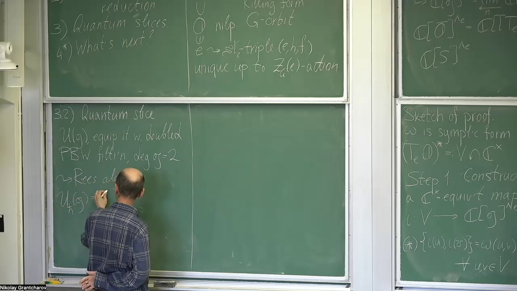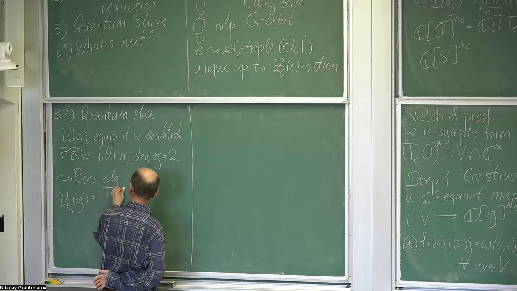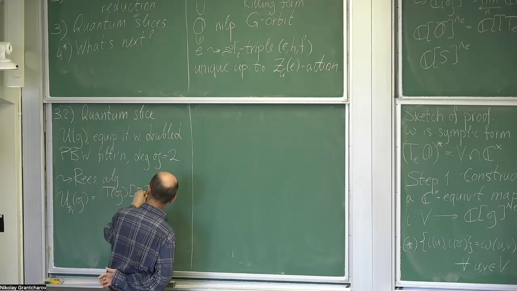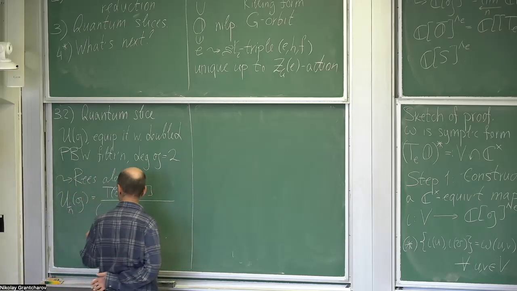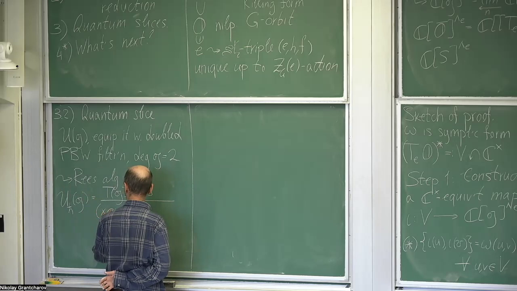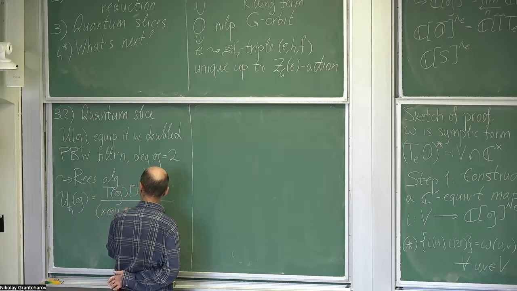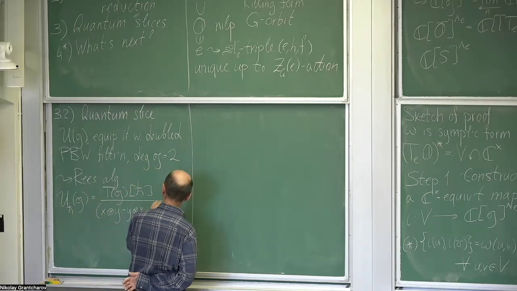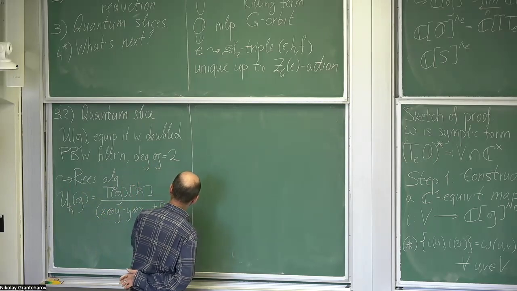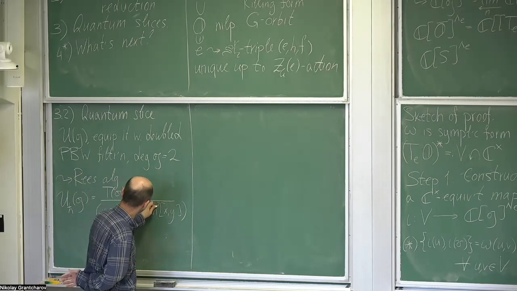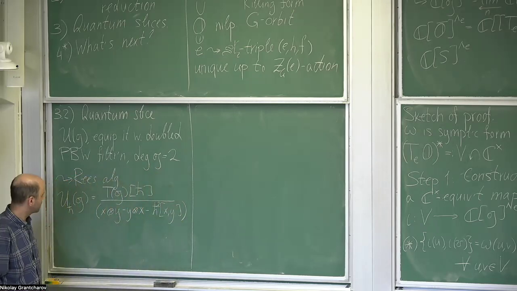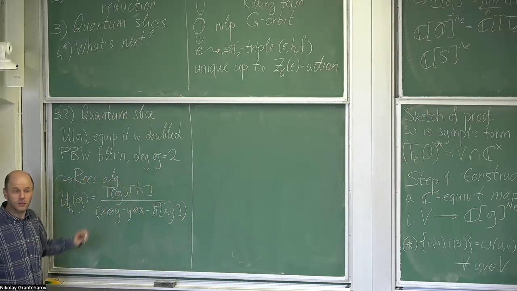I can explicitly describe it as a quotient of the tensor algebra of g, adjoining h bar, by the relation x tensor y minus y tensor x plus h bar times the bracket, maybe h bar squared times [x,y]. And now this guy is great.